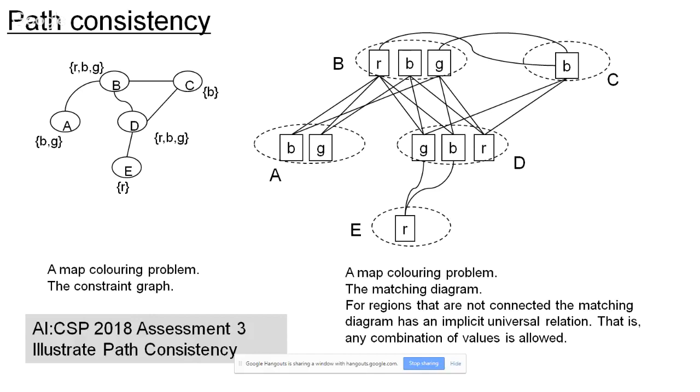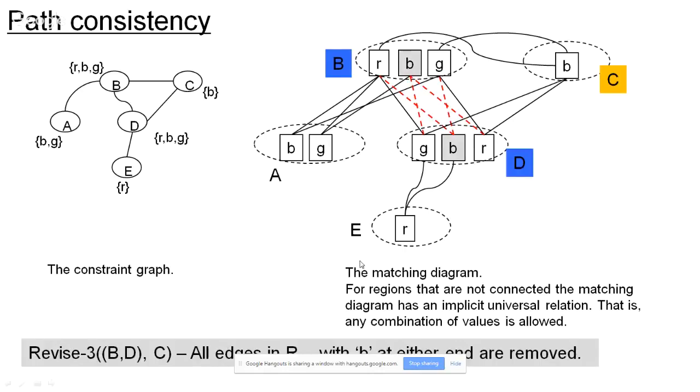So if you are doing path consistency on this particular problem, you can see that as a first step, if you were to revise B and D, which are shown in blue here, with respect to the variable C, then the four edges that you see, which are shown in red dash, will end up being removed.